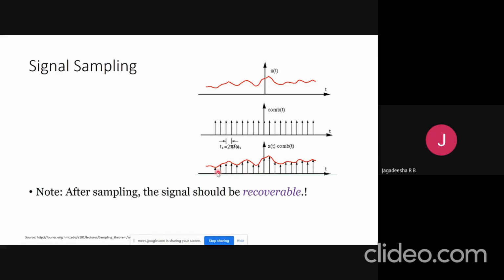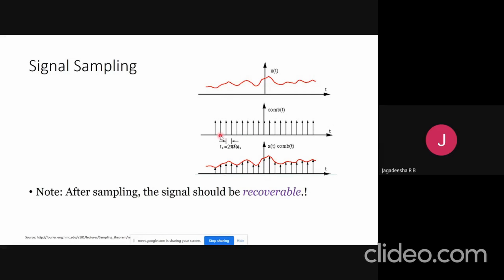So what is the meaning here? This is a sampled signal. Instead of collecting the amplitude value of this signal at every instant of time, we will collect the amplitude value at this point, at this point, at this point, and so on. Those points where we need to collect are defined by this. The spacing here defines where you need to collect the amplitude values.